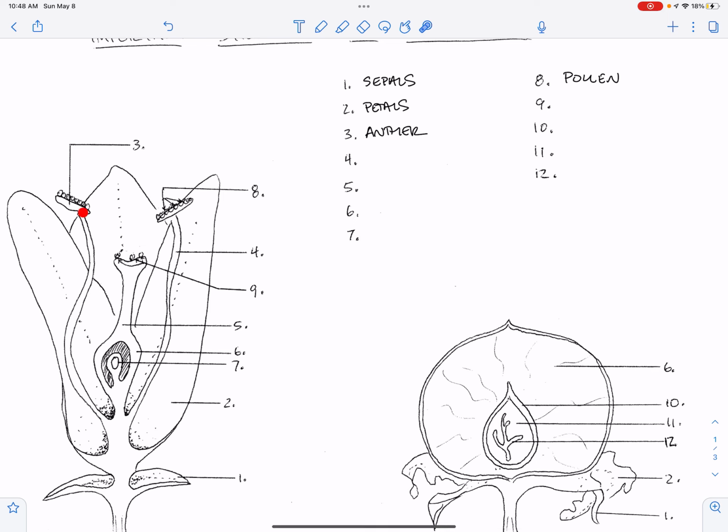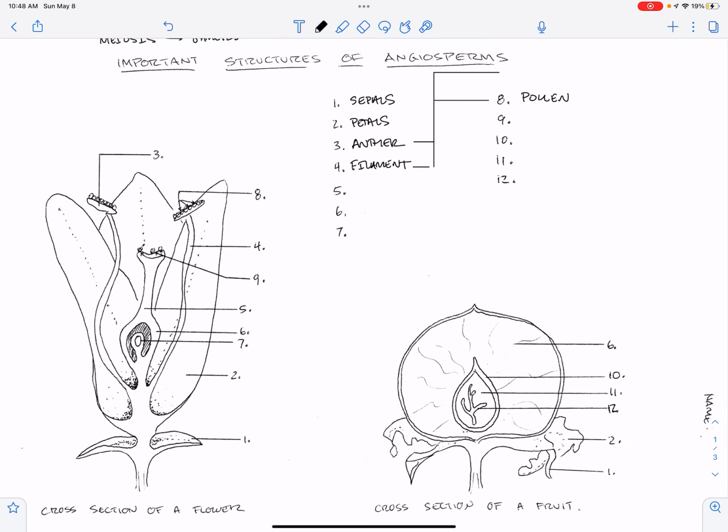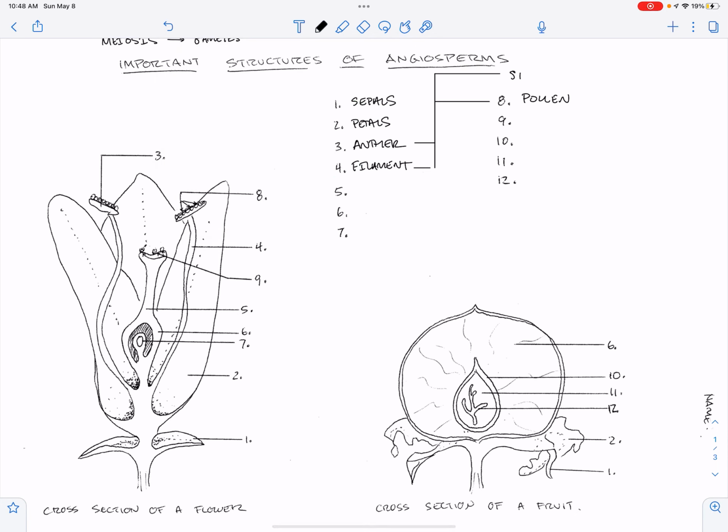The anther sits on this long stalk that's called the filament. So the anther plus the filament and the pollen are all part of the male reproductive organ called the stamen.